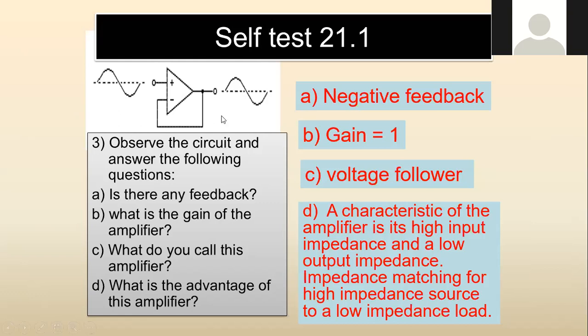The signal coming to the load will be very small. So this type of amp can be a middle stage, or we call it impedance matching. That high impedance means this one is higher than that, so all the voltage from that source will go to the input here. You don't have to amplify anymore. Whatever comes out will go to the low resistance load.